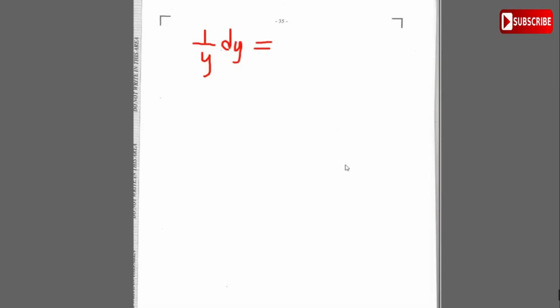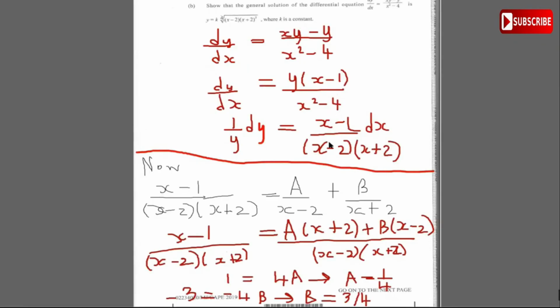continuing, we have around here, x minus 1 over this is going to be a over this, and a over this is a quarter over x minus 2.